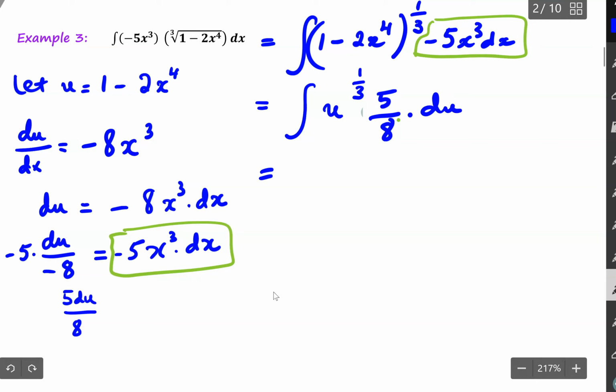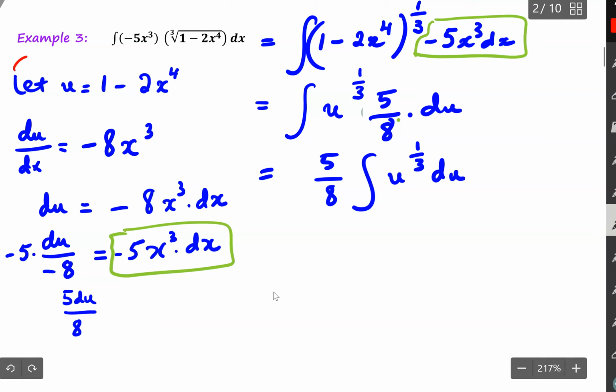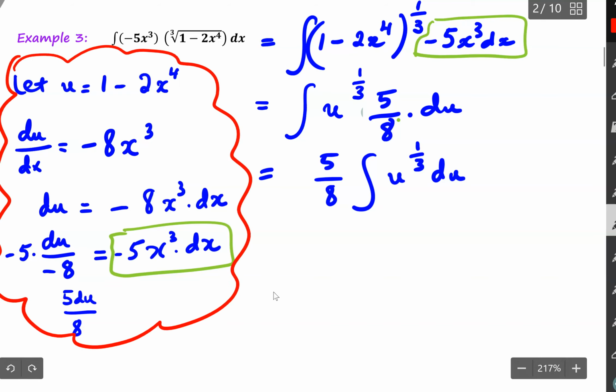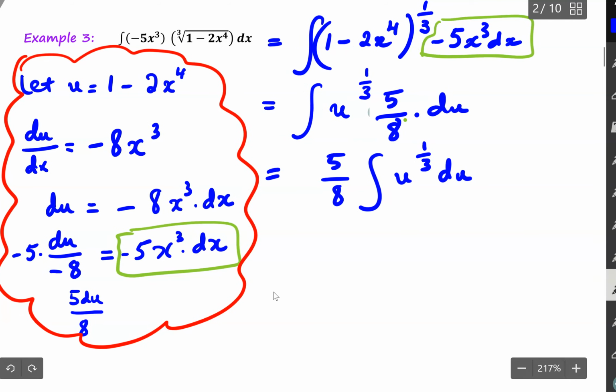I can go ahead and bring 5 over 8 across the integral sign, and I end up with u to the exponent 1/3 times du. So this is done. Let's make a note of this. Then you can go ahead, add 1 to the exponent, and divide by the result of that.